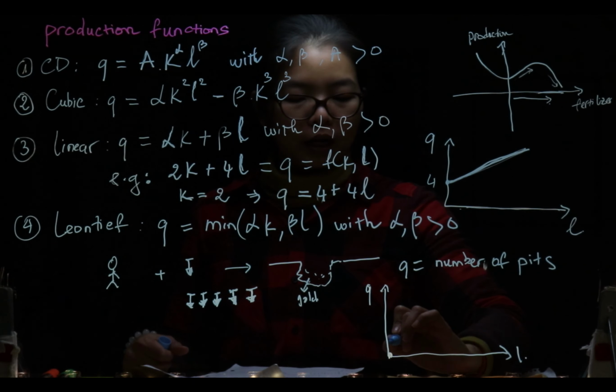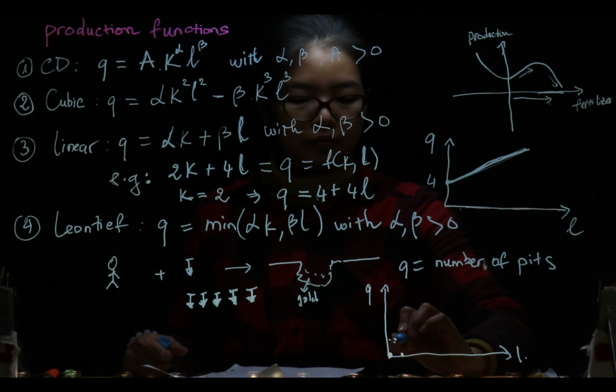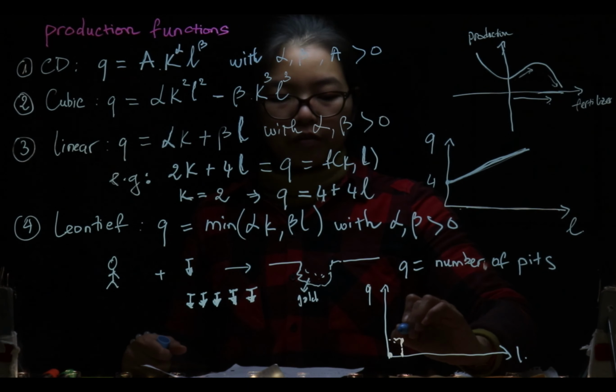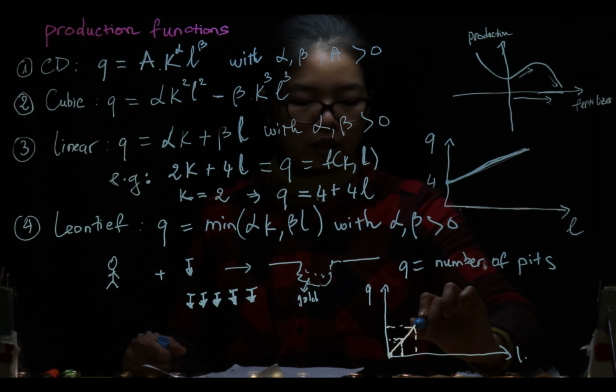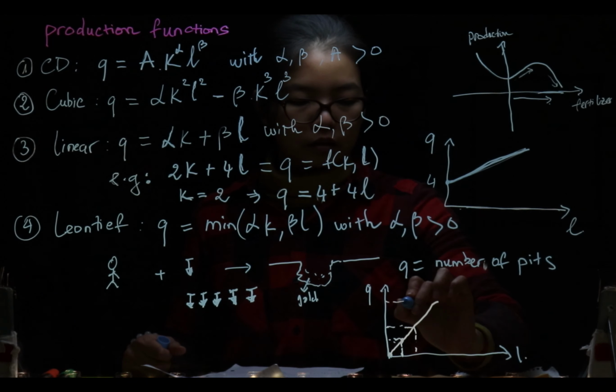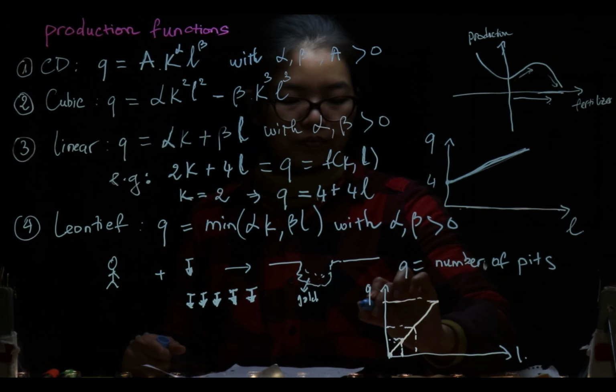So it's like 1 if you have 1 labor. If you have 2 labor, it's like that. Increasing, up to the point where, let's say here is 5.